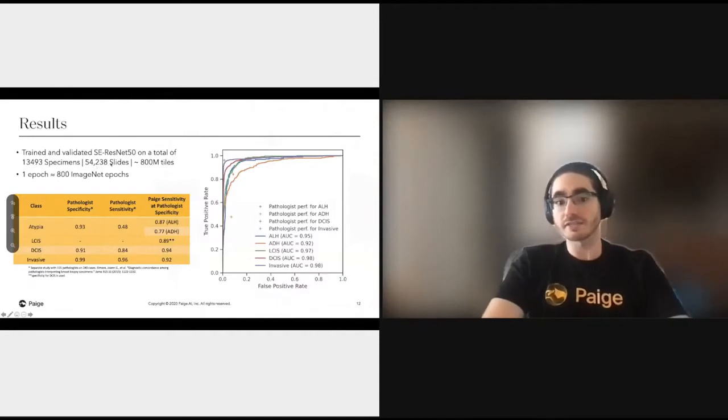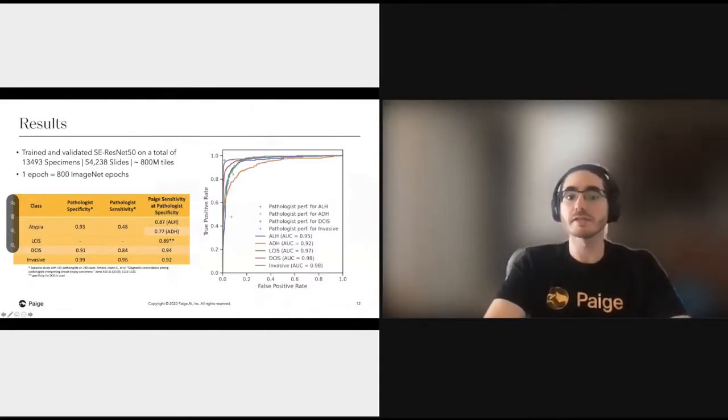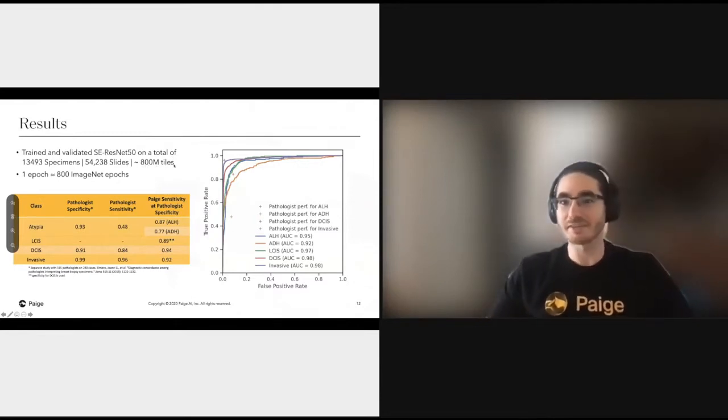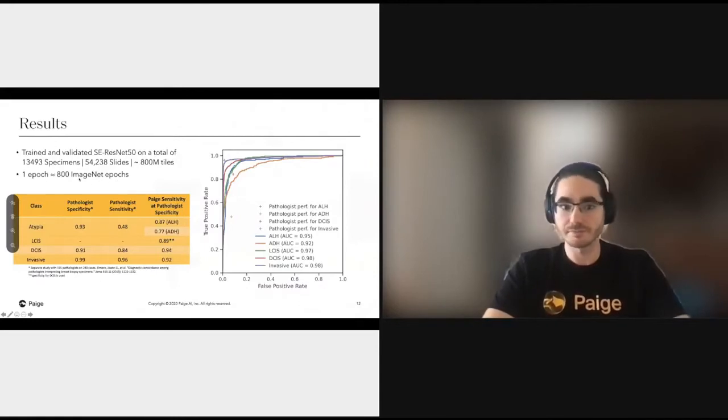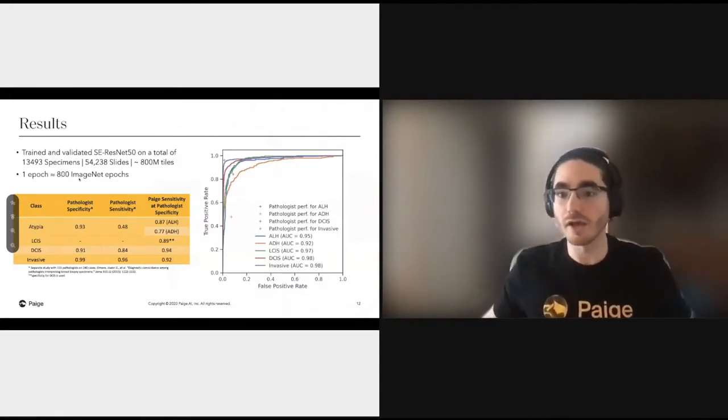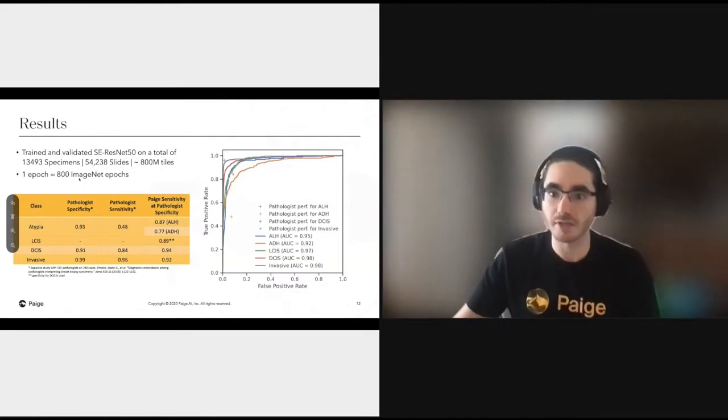Dividing into tiles, this corresponds to 800 million tiles. If you think again about the toy examples in the computer vision literature, one epoch over this dataset would correspond to 800 epochs over ImageNet. So this is actually one of the harder problems.